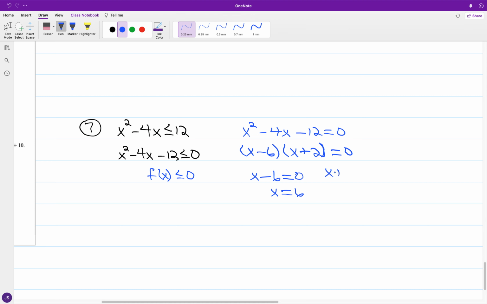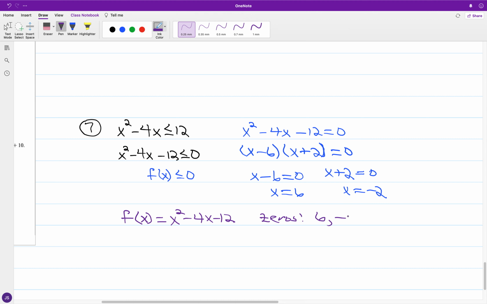And for x plus 2, if that is equal to 0, we have x equal to negative 2. So again, in the setup, f of x equals x squared minus 4x minus 12, with zeros 6 and negative 2.